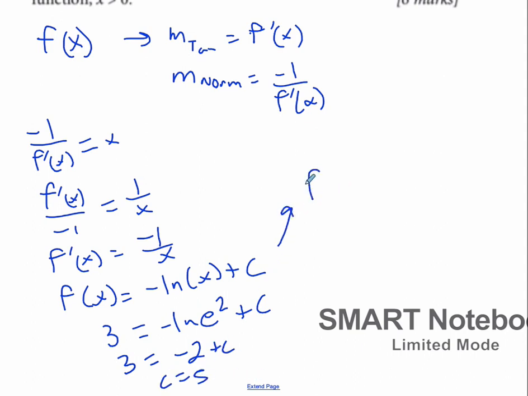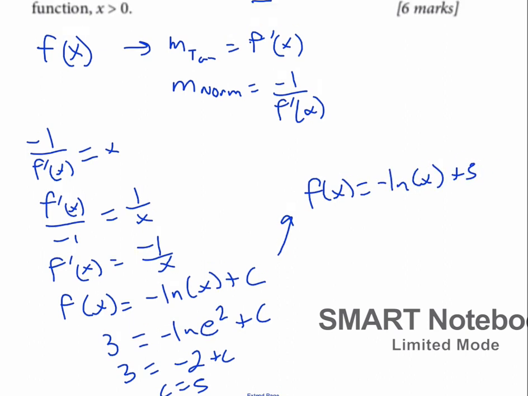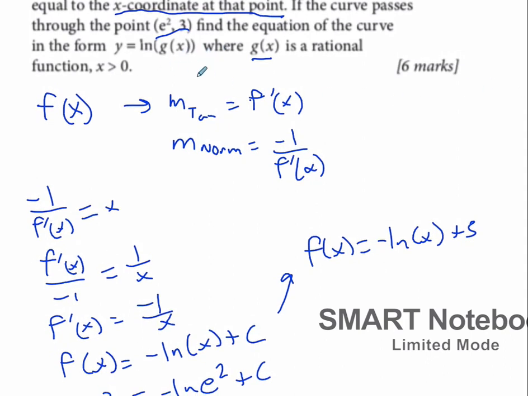So we have f of x equals negative ln x plus 5, and if we want to write it like this, then we can use our log rule and write that as ln x to the power of negative 1, which is just ln 1 over x, plus 5.